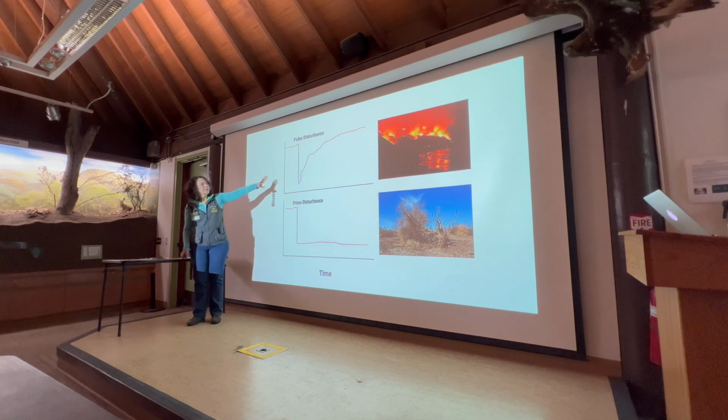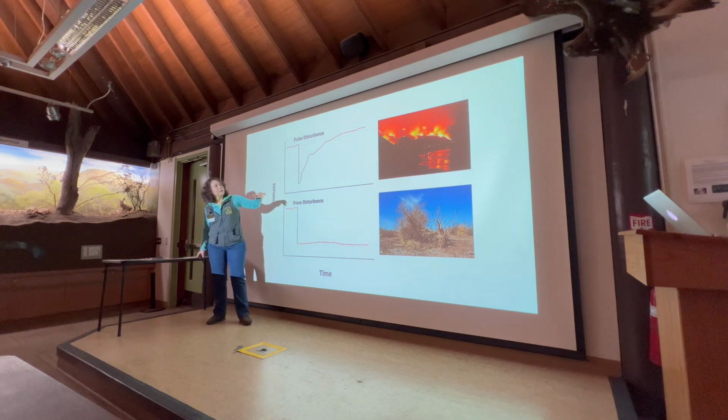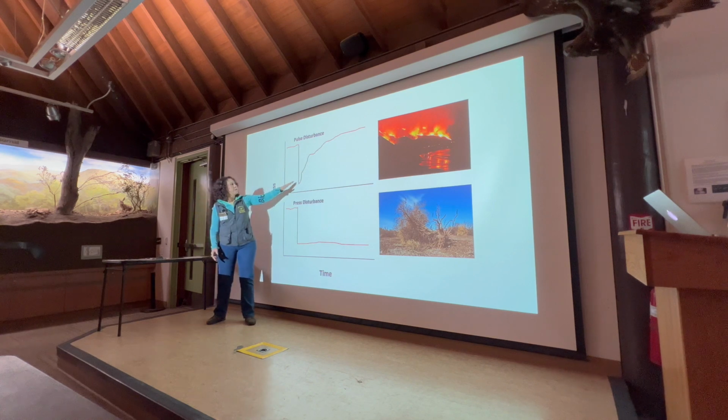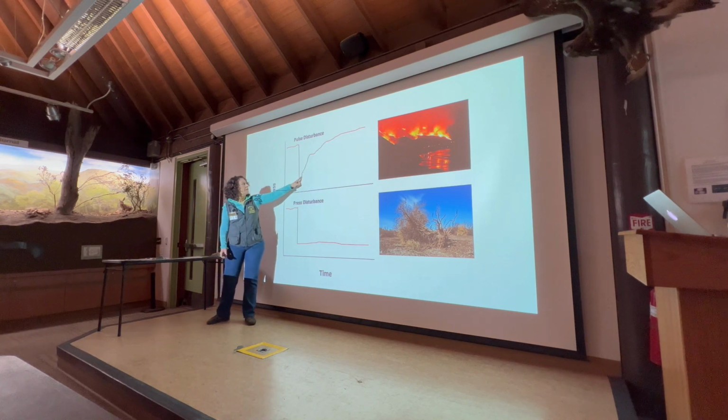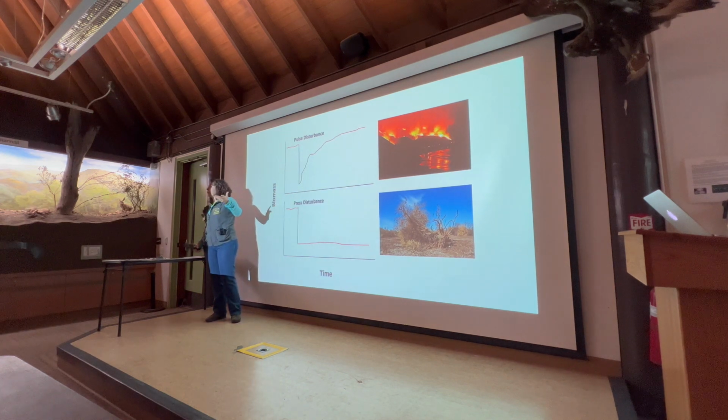And then it recovers, usually in about 7 years. You can't tell other than some char on the oak trees. You can't tell that it's burned, right? There's a kind of uneven recovery. Sometimes it could go different if it burns and then right here it burns again. That could have a different outcome.